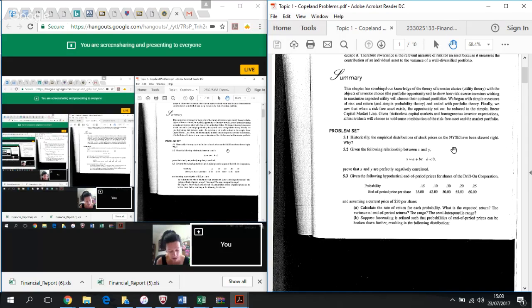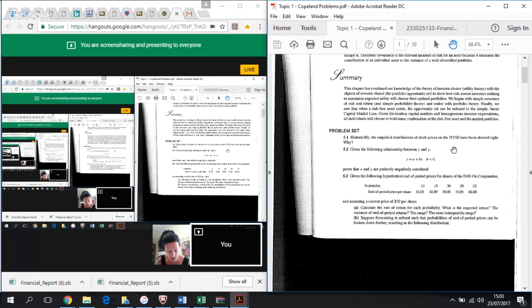So given the following relationship between X and Y, again, what's X, what's Y? The price of the stock, I assume? Okay, so now this is getting to the linear equation. Prove that X and Y are perfectly negatively correlated.